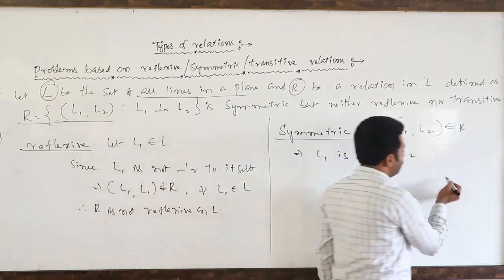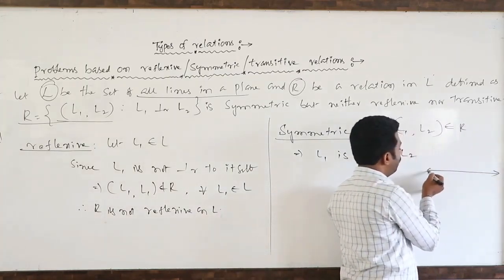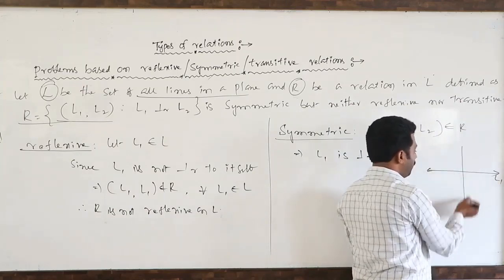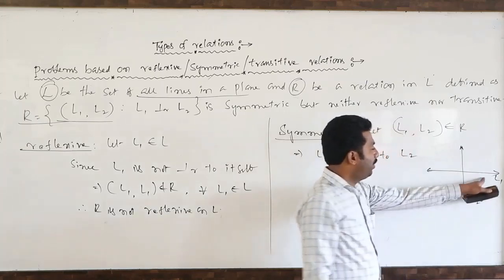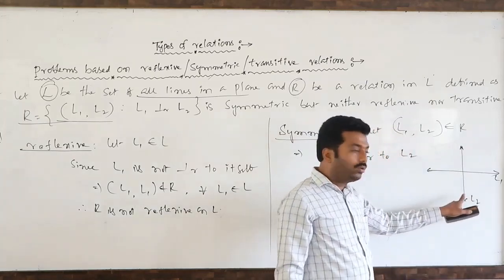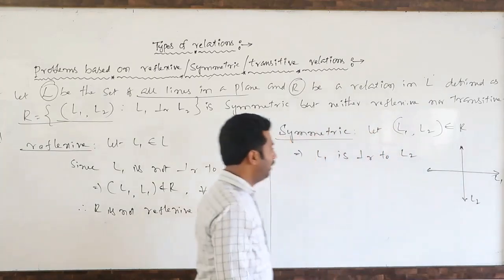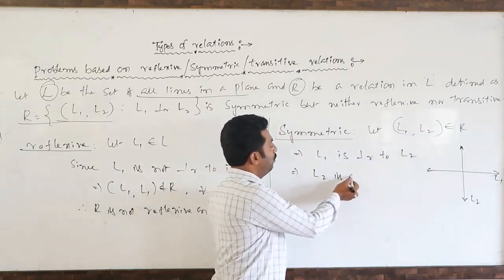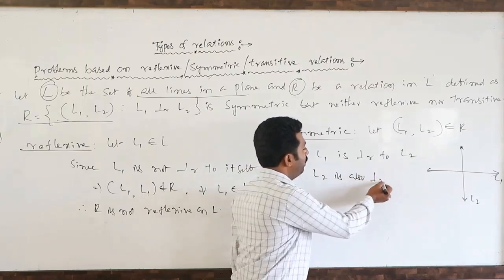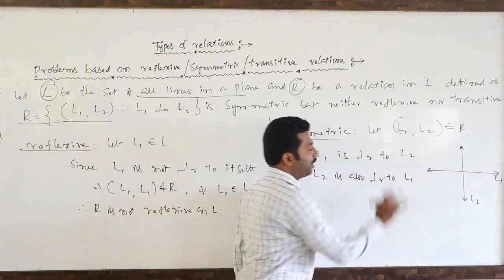You observe, suppose this is L1, this is L2. L1 is perpendicular to L2, so can you write L2 is also perpendicular to L1? Yes. So from this, L2 is also perpendicular to L1.